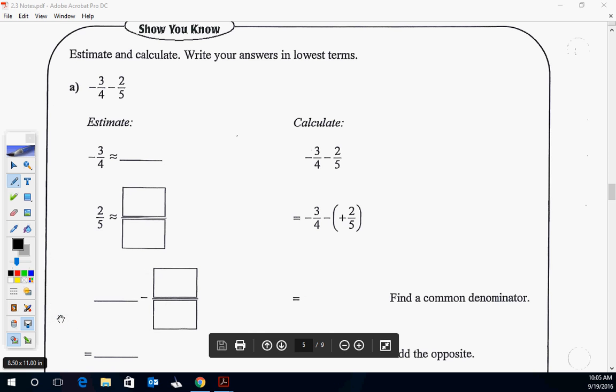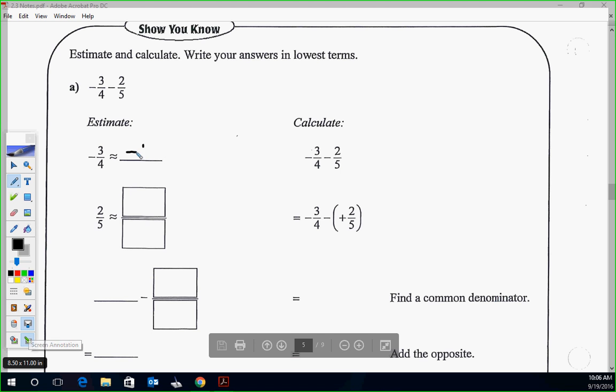Let's go to Jade. So what did you estimate for negative 3/4? Negative 1, perfect. Okay, and what did you estimate for 2/5? Good. So then we have a negative 1 minus 1 over 2. And then what did you get for your estimate then?